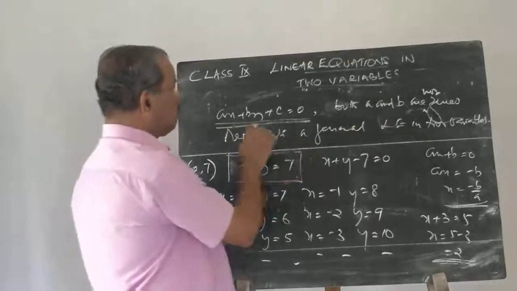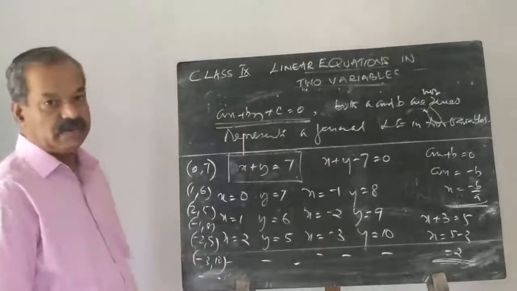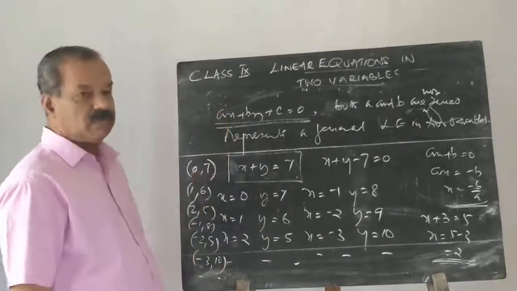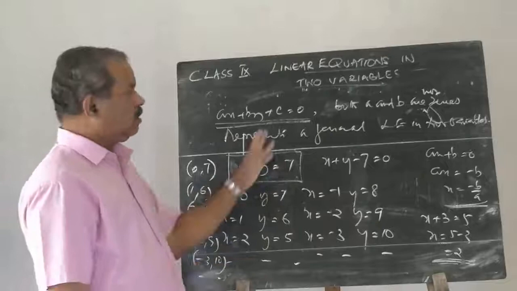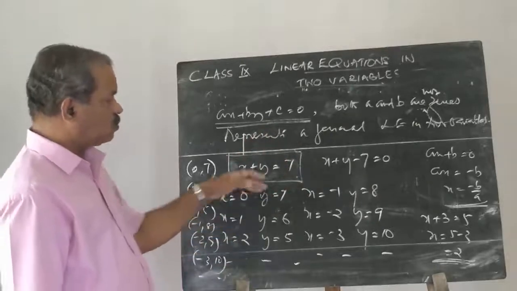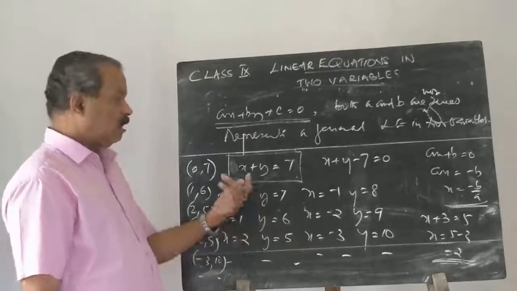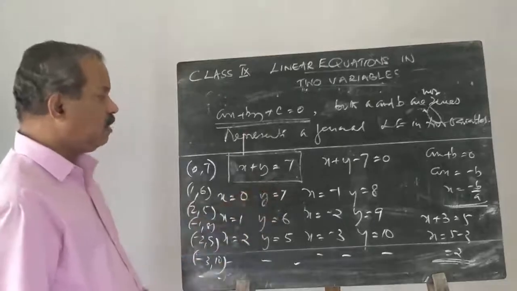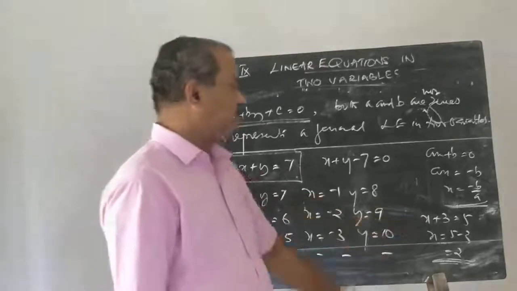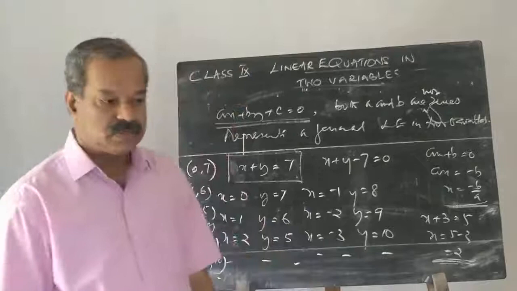C can be 0. Either a can be 0, b not equal to 0, or b can be 0, a not equal to 0. These are the cases. And we have now seen how to solve this type of equation. Equations in two variables have infinitely many solutions, whereas an equation in one variable has a unique solution.